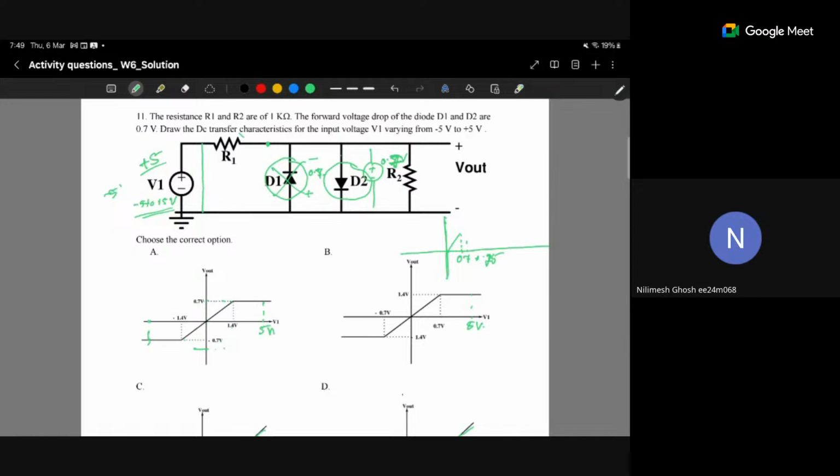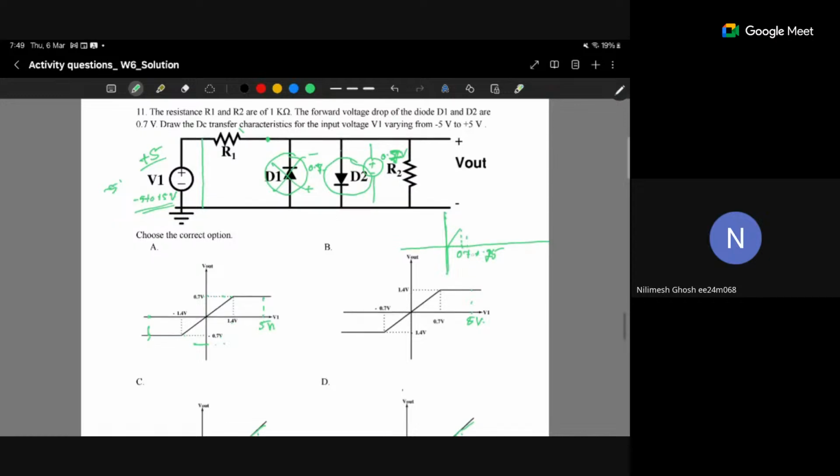At 0.7 volt, when the input voltage is just crossing 0.7 volt, this diode will get forward biased. Some voltage drop will be there, that's why we are not assuming it at 0.7 volt itself. Just after 0.7 volt, this diode will turn on.